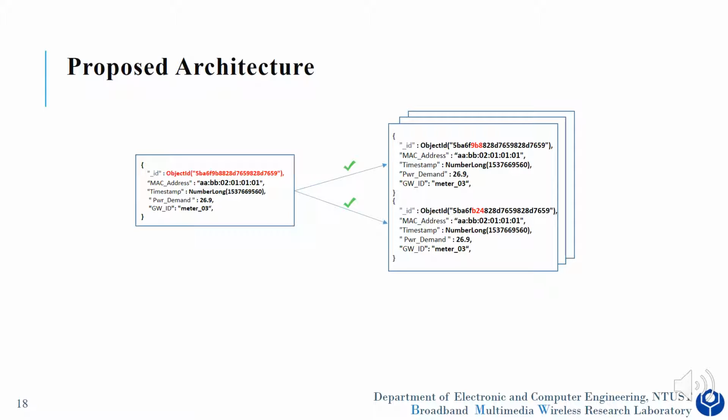So duplicated data can happen when the exact same data is transmitted by the gateway into the service, which will store that data into our DB. So MongoDB uses what is called underscore ID as a key for each data.